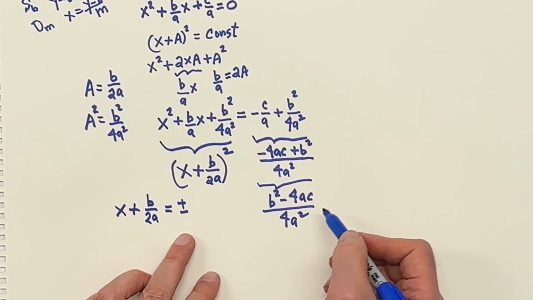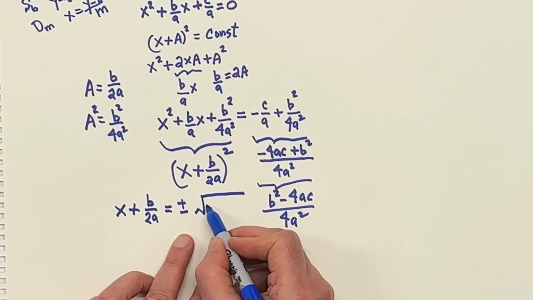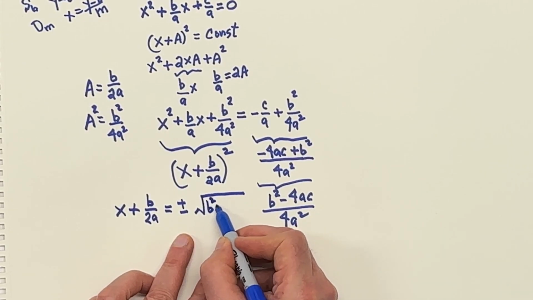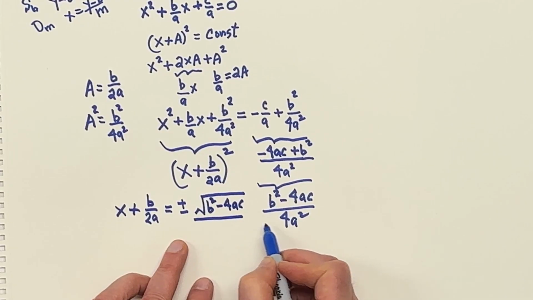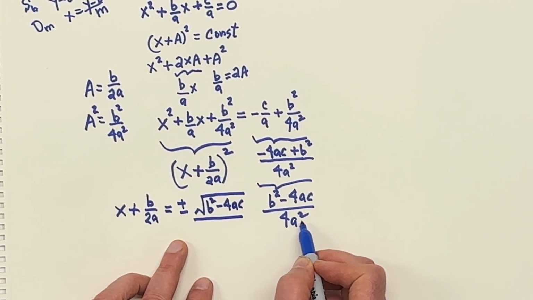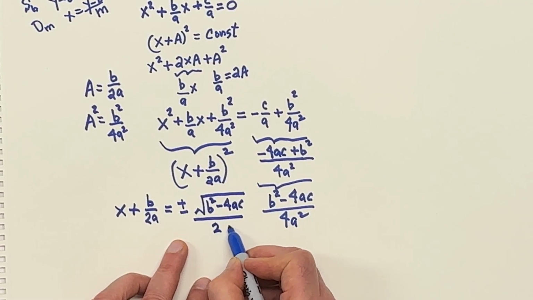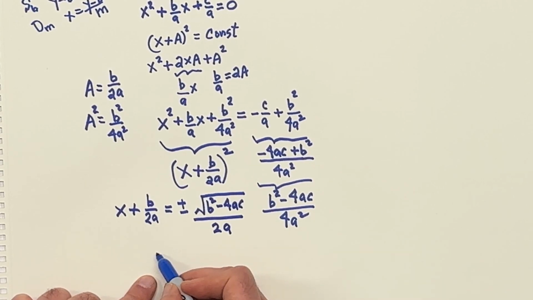So plus or minus, and here we're going to have the square root of this numerator, b squared minus 4ac, and the denominator, just take the square root. The square root of 4 is 2, and the square root of a squared is a, so the square root of the quantity 4a squared is simply 2a. That's nice, we have a 2a over here. So then we subtract to get x on one side of the equation by itself.